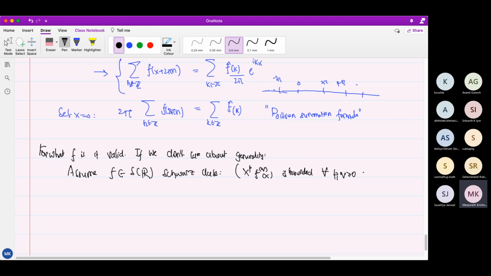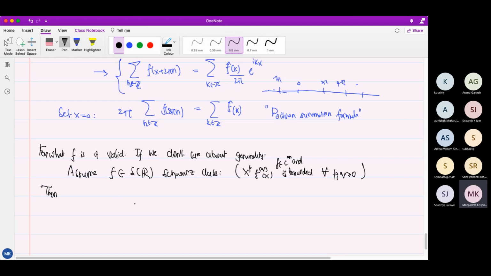This is the definition of Schwartz class. Those are very nice, and so there it is actually quite easy to sum. These should exist. Of course f is smooth, so f is C infinity, first of all.